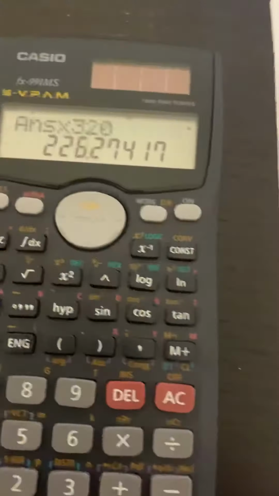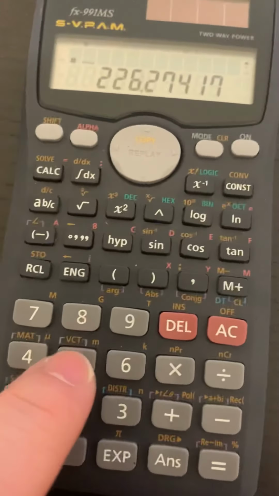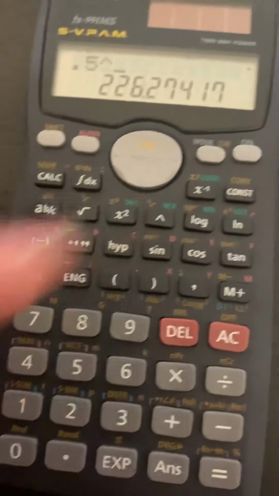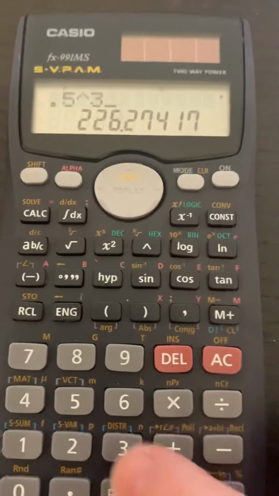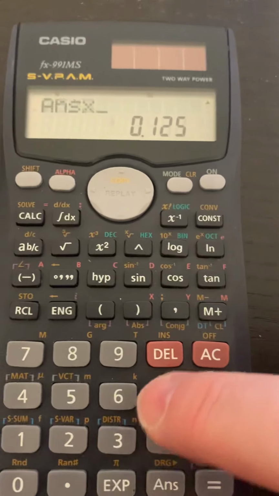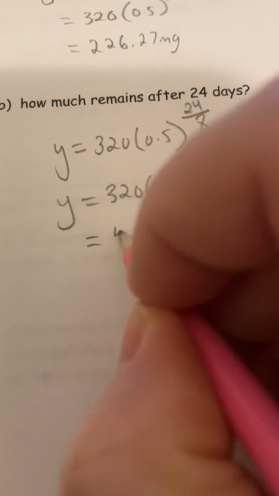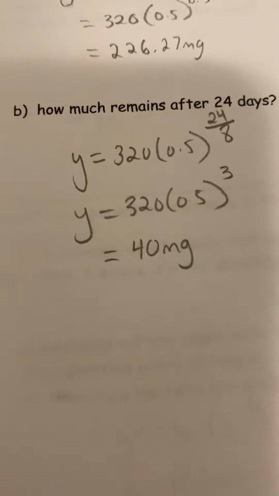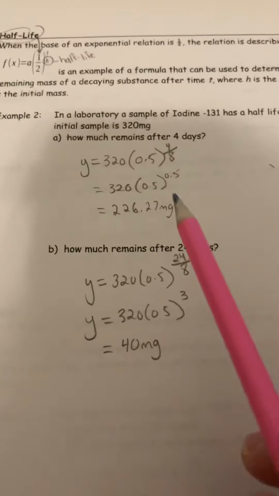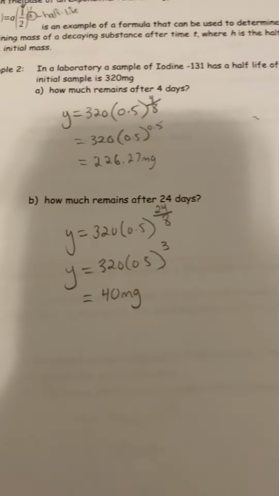Punch it into our calculator, 0.5 to the power of 3 equals, and multiply that by 320. So we get 40. So after 24 days, we have 40 milligrams remaining of the iodine 131.